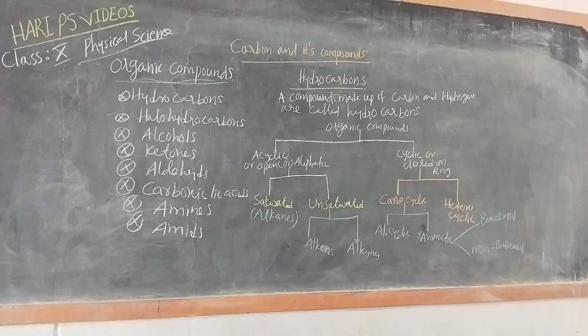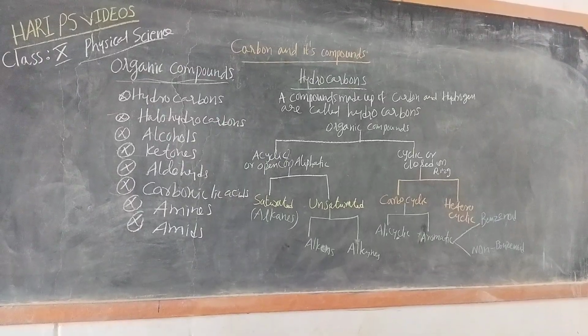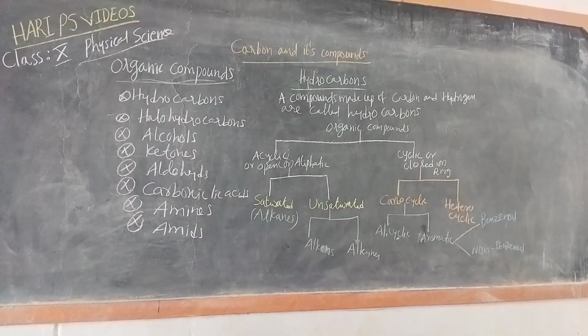Previously we discussed what an organic compound is, and now let us understand the different types of organic compounds. They are hydrocarbons, alcohols, ketones, aldehydes, carboxylic acids, amides, aniline. So many are there, right?